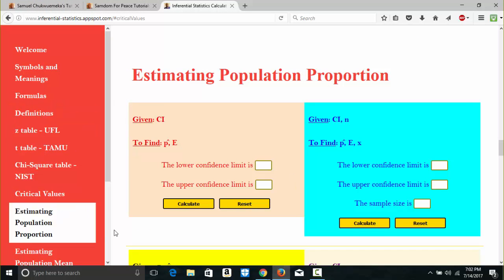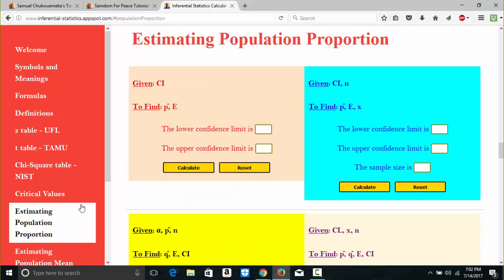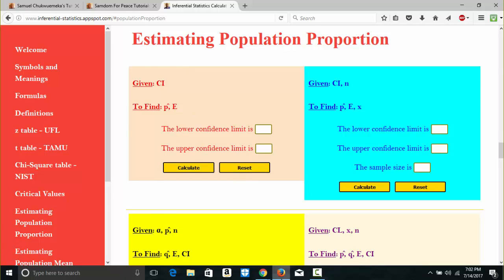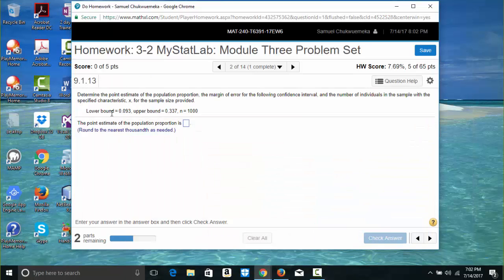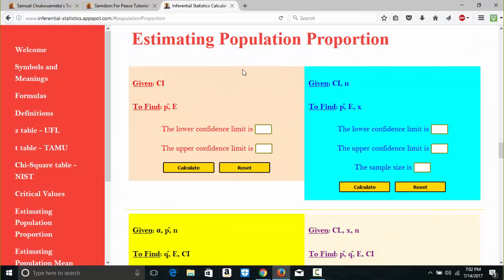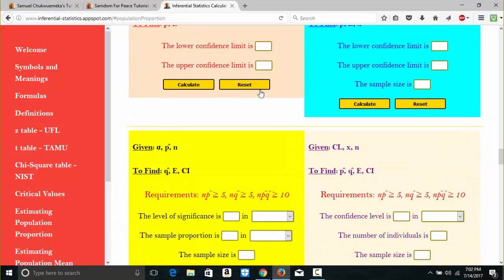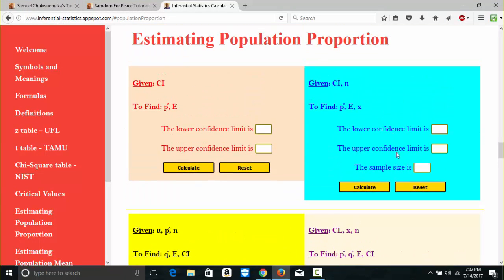So when you get on this calculator, you can click on estimating population proportion. So here they gave us the lower bound, which is also known as the lower confidence limit. The upper bound is also known as the upper confidence limit. And then the sample size. So you look for the one that they gave you and they need to find, and that is this one right here.